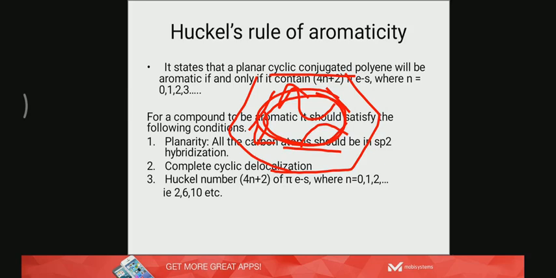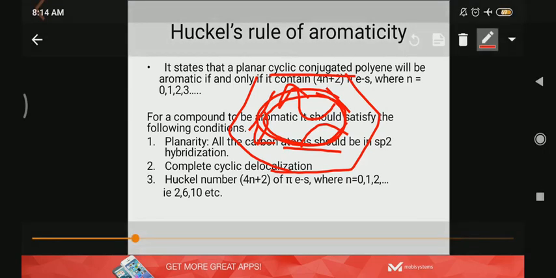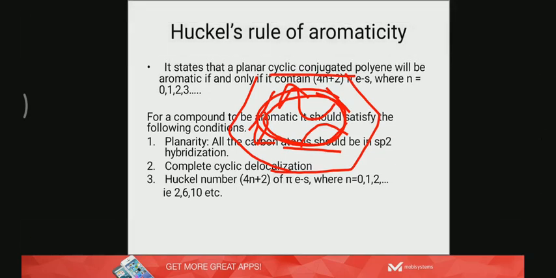That means the number of pi electrons should be a Hückel number. 4n plus 2 pi electrons should be there in the compound, where n equals 0, 1, 2, 3, etc. So the magic numbers or Hückel numbers are 2, 6, 10, etc. That means if the compound has 2 pi electrons or 6 pi electrons or 10 pi electrons, etc., then only it can be aromatic. Let us now go to examples to illustrate this.